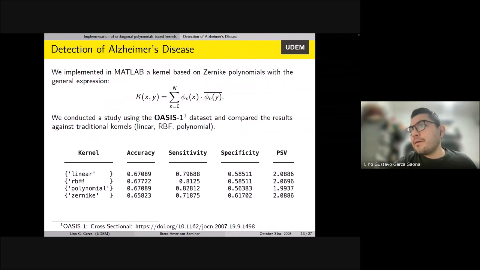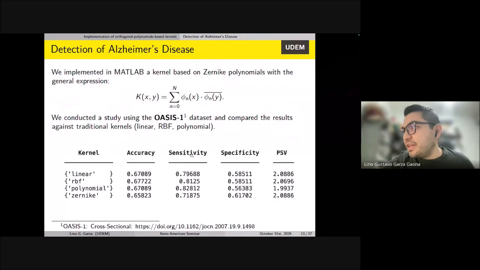Here, we compare with the most common kernels, and one of the important metrics is the accuracy, which is how well your classification is made. We can see that the Zernike is the lowest.